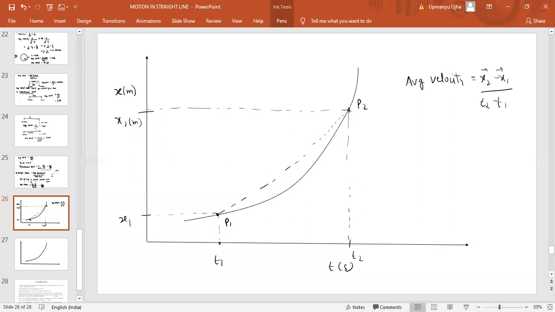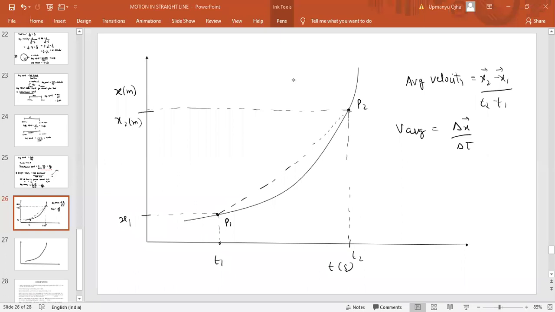If I join the line from P1 and P2, I will get the displacement of the particle. So that is how we represent average velocity: average velocity is equal to delta x vector by delta t.